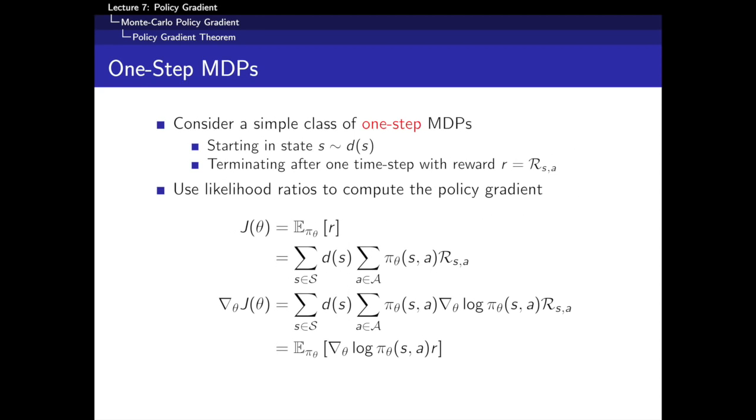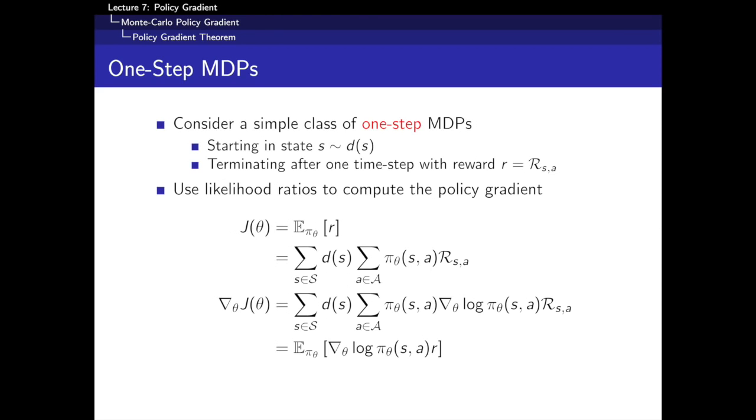Okay, so that's just to give some intuition for what these score functions look like. Now let's talk about the actual policy gradient, this analytic policy gradient. And to do this, I'm just going to derive it for the simplest possible case, and homework, if you like, could be to extend this to the full MDP case. We'll talk about what it looks like, but I won't derive it for you. And the special case we're going to consider are one-step MDPs. So what do I mean by one-step MDP?